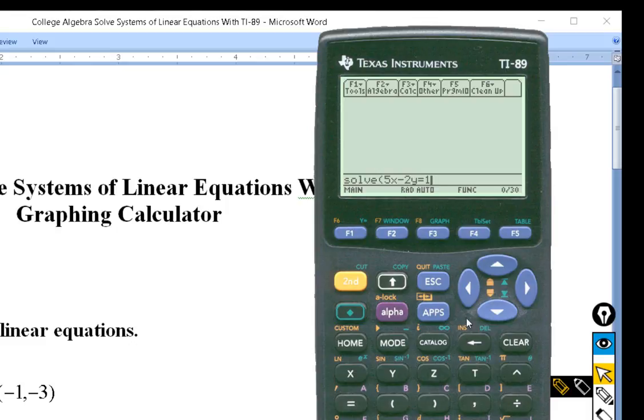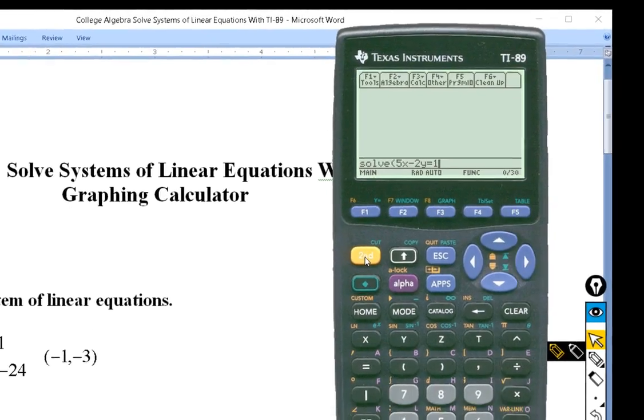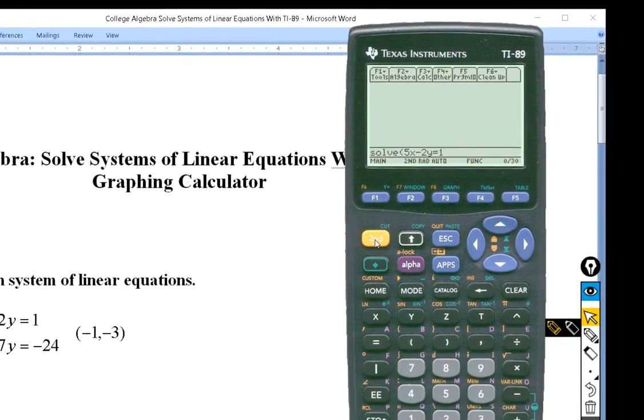And then we're going to put an AND next. So just hit the second button here. And then over here at number 5 on the keyboard, we're accessing the math menu. So hit 5. Okay, now we want number 8, which is test. Hit 8, and then we want 8 again because we want the word AND. So 8.